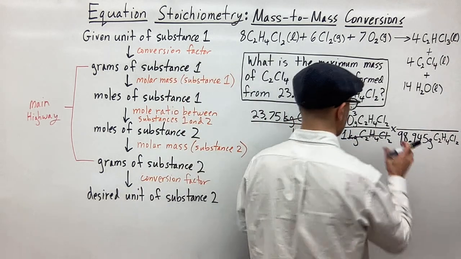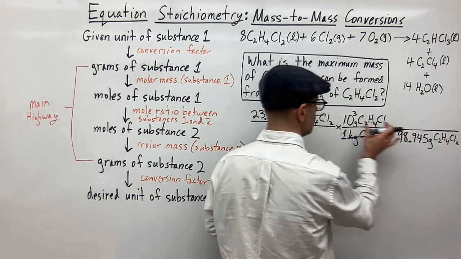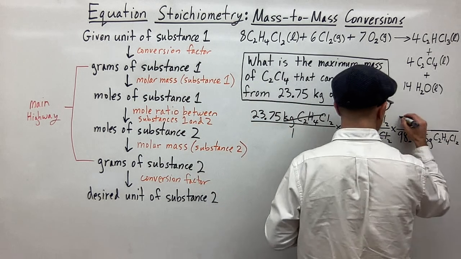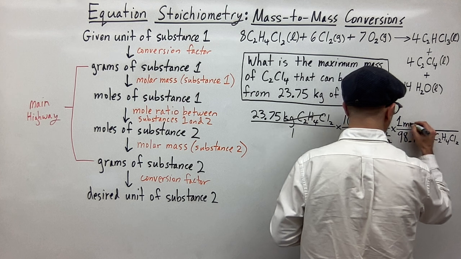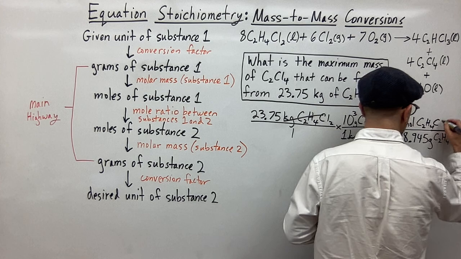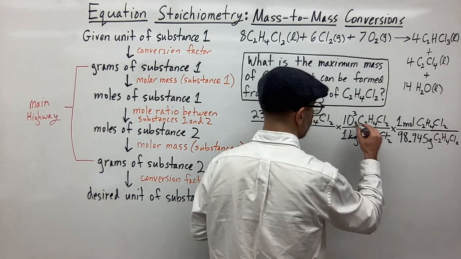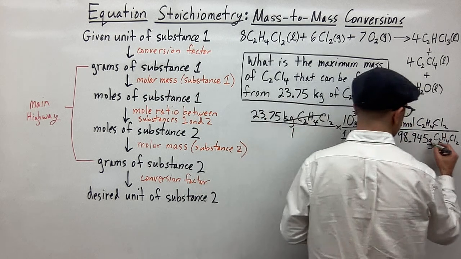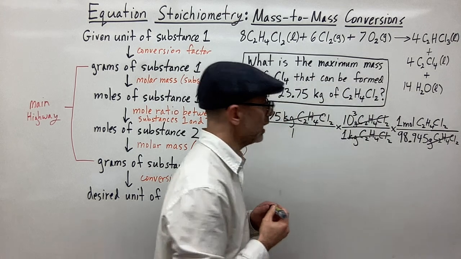And since I have grams here on top, I put grams on the bottom, and that's equal to 1 mole of C2H4Cl2. So the grams of this substance cancel out. Now I have moles on top.